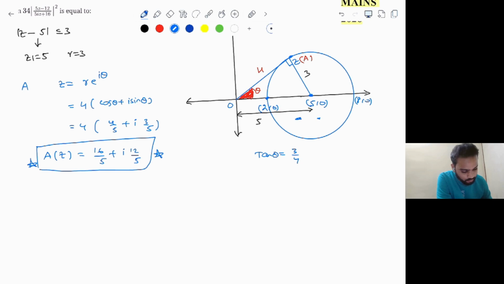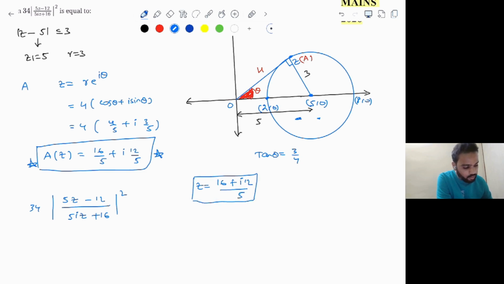It is 34 times the modulus of 5z minus 12 divided by 5 into i into z plus 16, whole square. Now we already got z equals 16 plus i into 12, whole divided by 5. So take this value of z, substitute it here, properly rationalize the denominator, and then calculate the modulus, square it, and multiply it by 34 to get the answer.